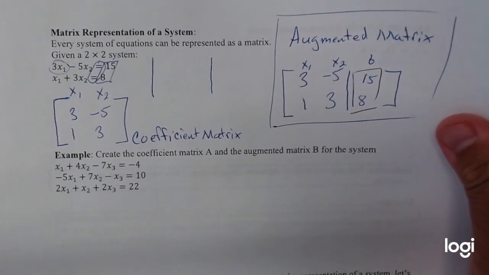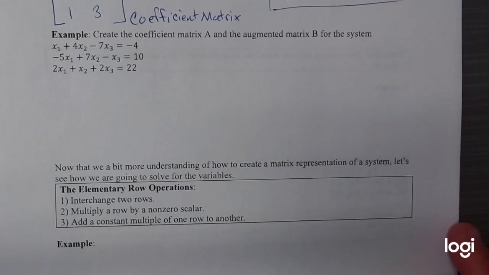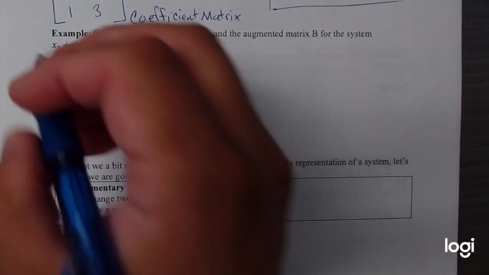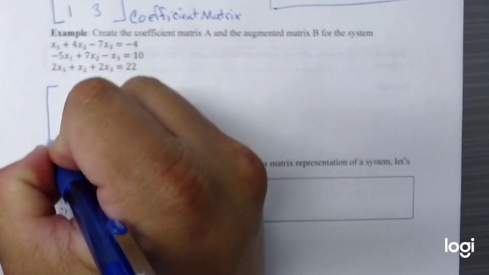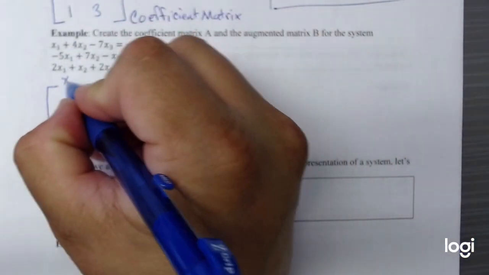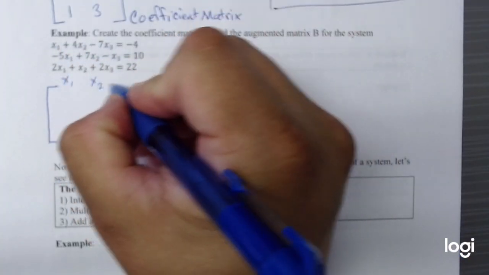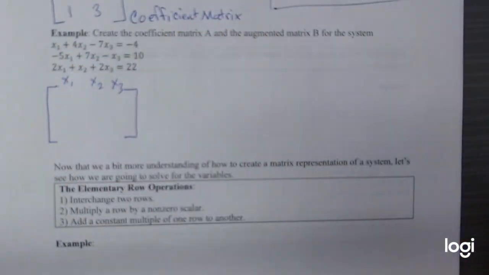So why don't we do a little example of that kind of stuff here. We can create both the coefficient and the augmented matrix for the system here. One thing you have to be careful of is, remember, these are all x's. Because we have 3 variables, we have 3 different columns.